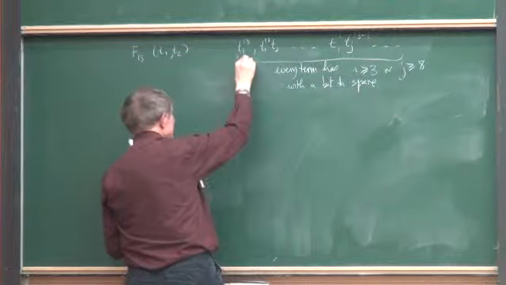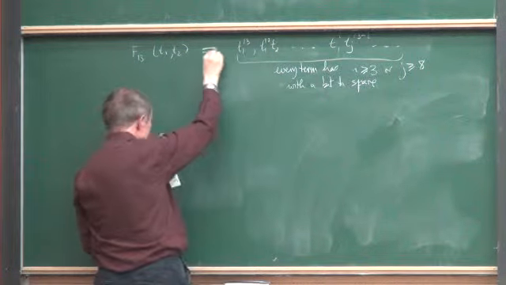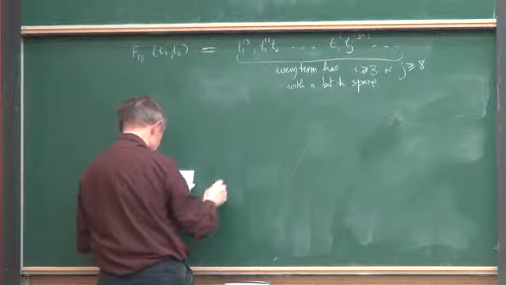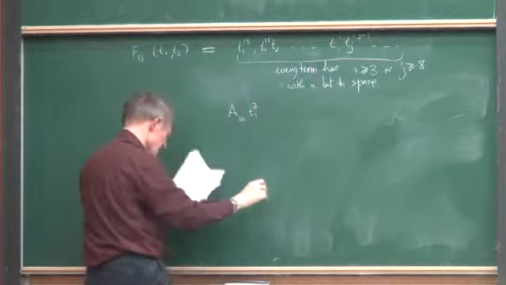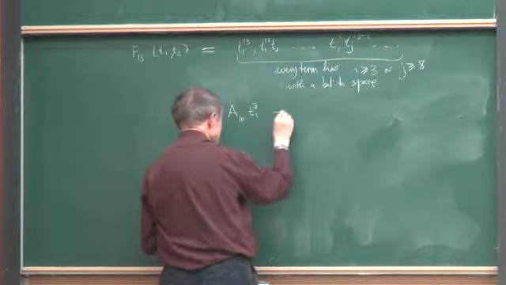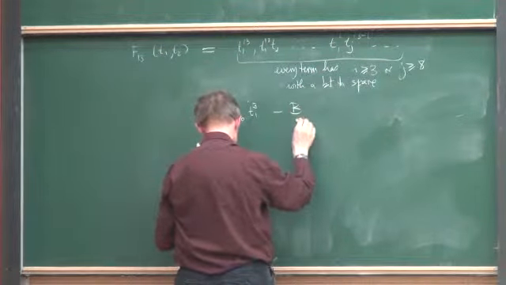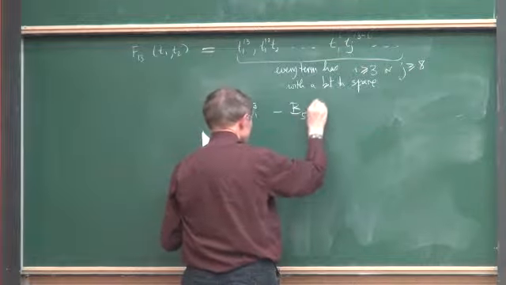Right, so I can take this expression here and write it in the form A10 T1 cubed minus B5 T2 to the 8th.